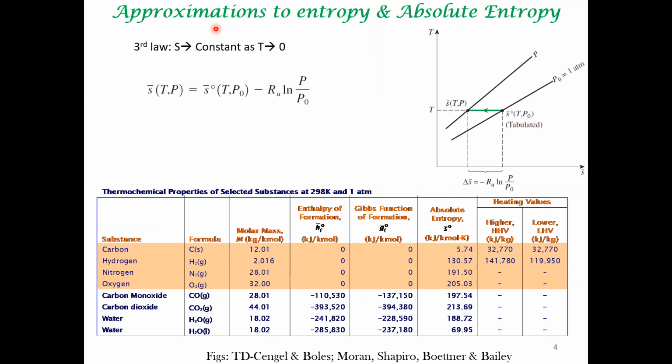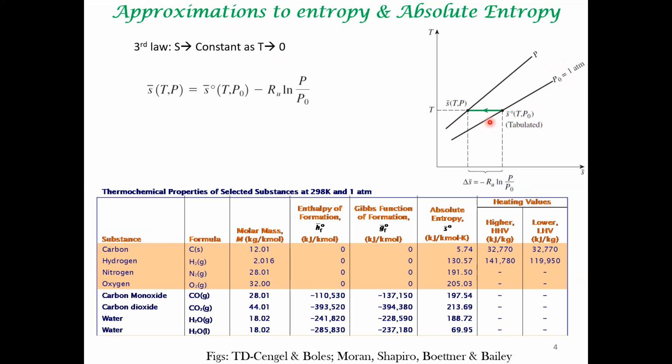So you use the ideal gas approximation and compute based on heat capacities and so on for different substances. Entropy has been tabulated; there are tables which give you the entropy of different substances at 1 atmospheric pressure. That's the standard state.